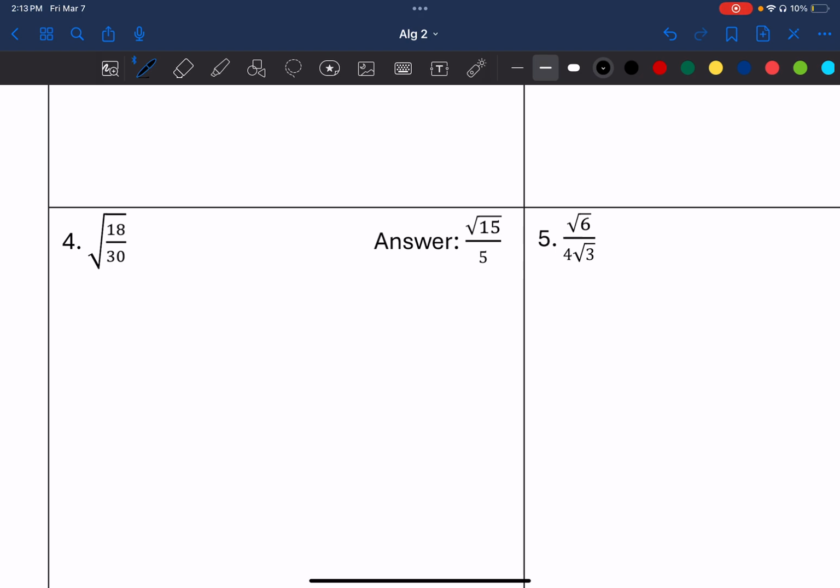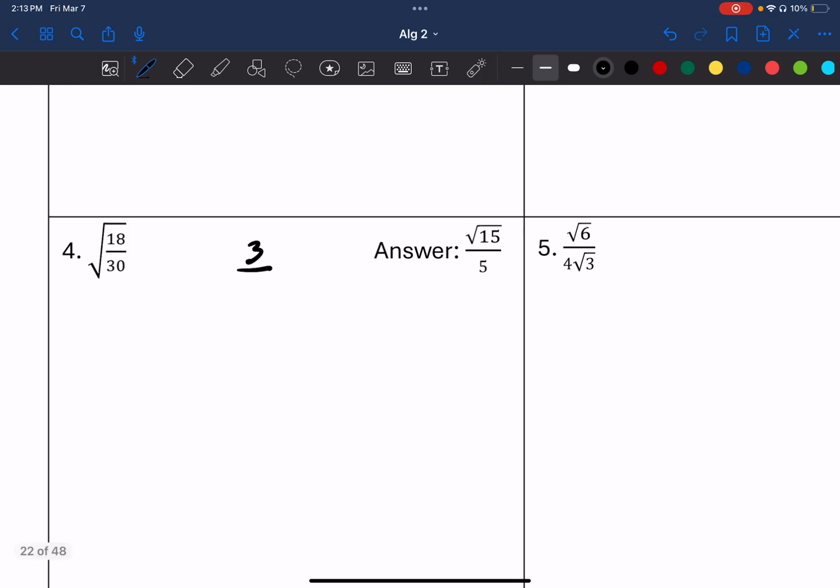So if we do 18 divided by 30, I see that 6 goes into both of those. If I do 18 divided by 6, I would get 3. And if I get 30 divided by 6, I would get 5. So the square root of 18 over 30 has to be equal to the square root of 3 over 5, right? We can do this in really any order, as long as we're doing valid operations.